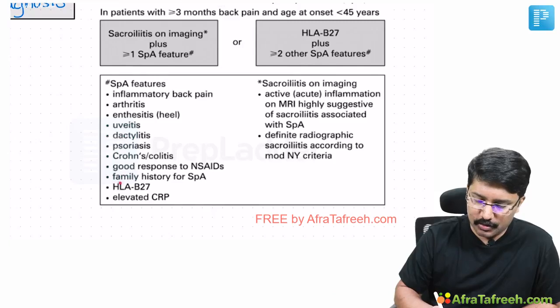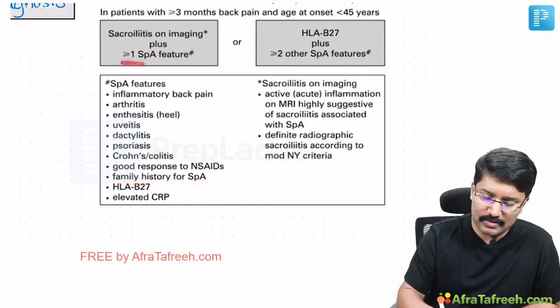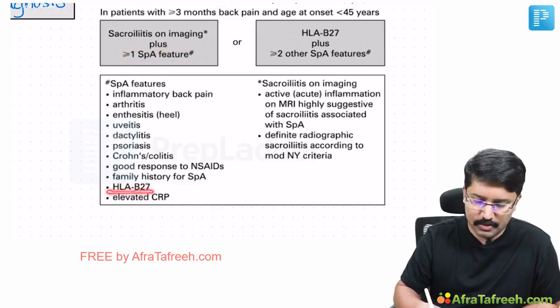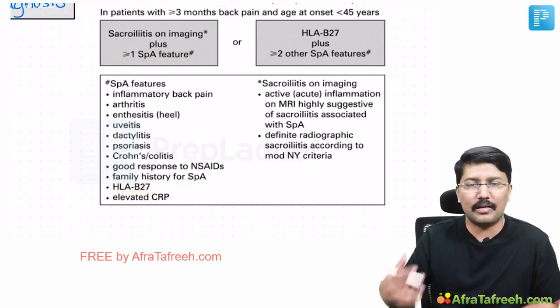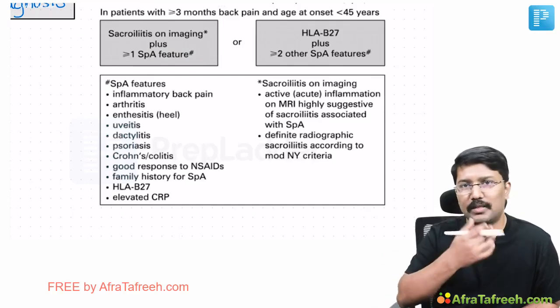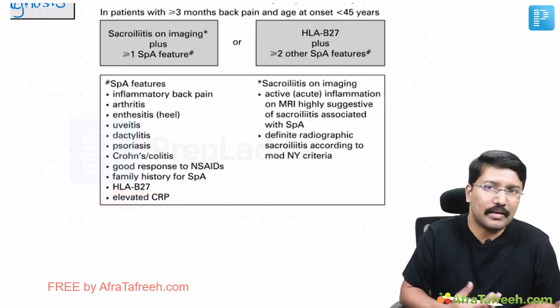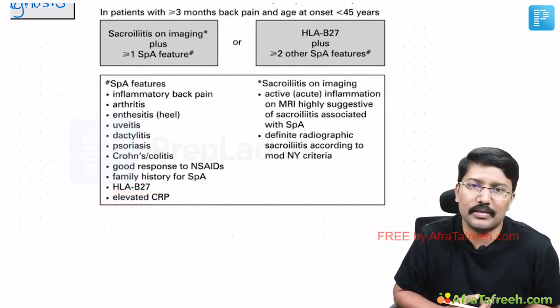And if there is family history of spondyloarthritis, that is also counted as a spondyloarthritis feature, or HLA-B27 positivity. And also remember that CRP and ESR may be raised. I don't say that it is always raised, but it may be raised in a substantial number of patients. So that can also be counted as a spondyloarthritis feature.